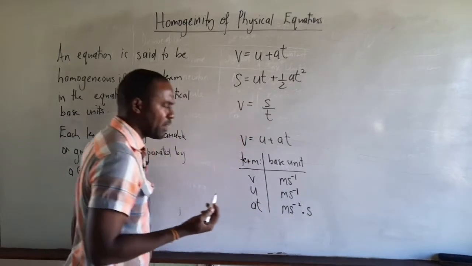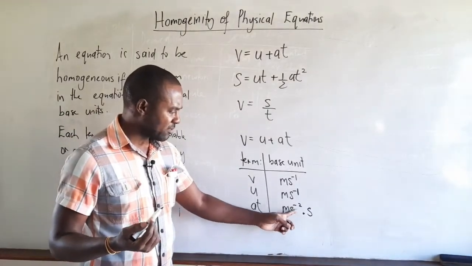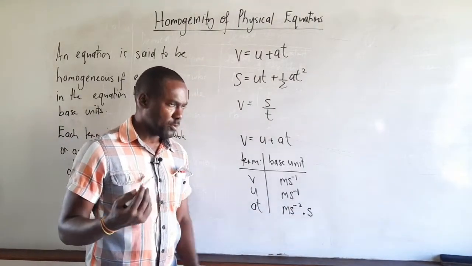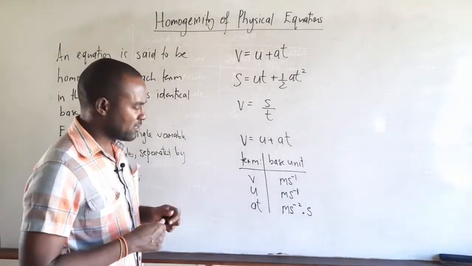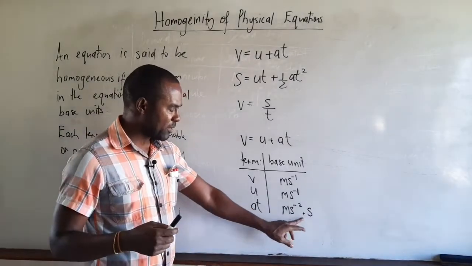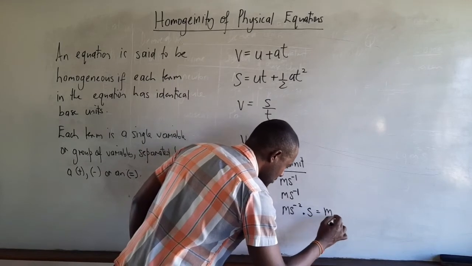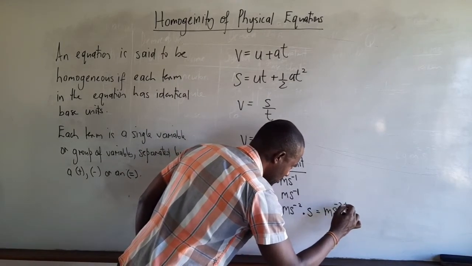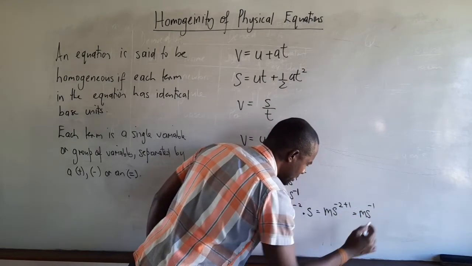And so when you multiply meter per second squared by the second, we realize that there's an s to the minus 2 and an s, which brings us back to the laws of indices. According to the laws of indices, when multiplying indices with the same base, we keep the base and we add the powers. So this gives us m s to the minus 2 plus 1, which gives us meter per second.